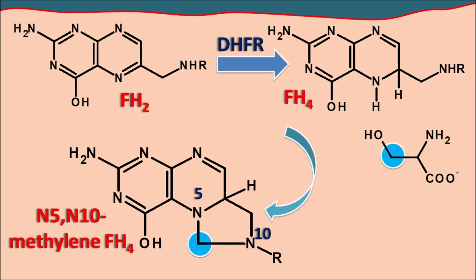And this OH group is going to be removed as a water molecule so that this serine is converted to glycine. And here one water molecule is going to be released. In this way, the tetrahydrofolate can be added with the 1 carbon unit so that it is going to be converted into N5,N10-methylene tetrahydrofolate. Now this methylene tetrahydrofolate acts as a cofactor which is important for the synthesis of thymidine from uridine.